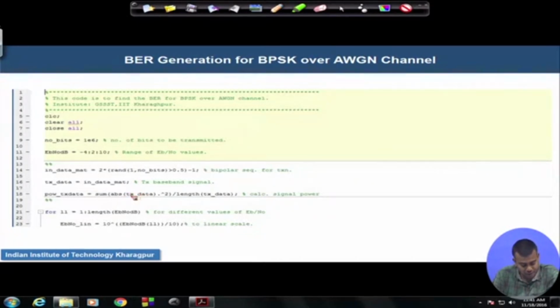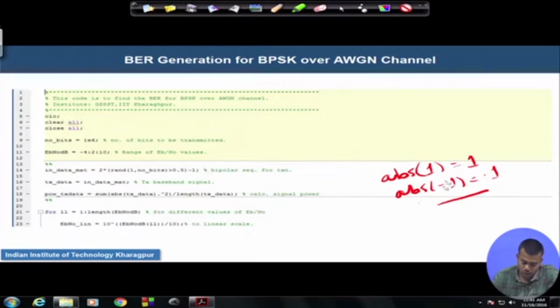The absolute value of 1 will be 1, and the absolute value of minus 1 will be 1. If it is a complex number, then you will get the complex magnitude. I am squaring them, which means I am calculating the energy of each bit. Then I am summing the energy of all the bits and dividing by the total number of bits, that means 10 power 6. That will give me the power of the transmitted data.